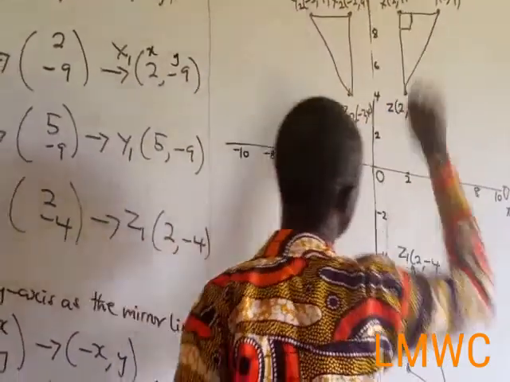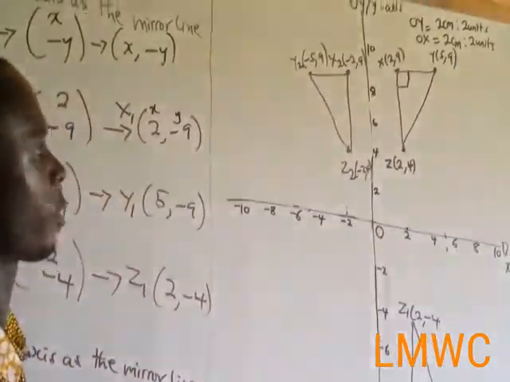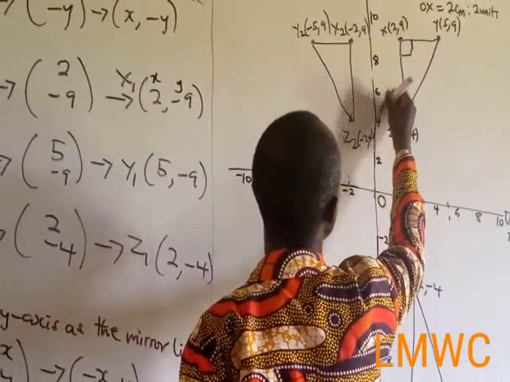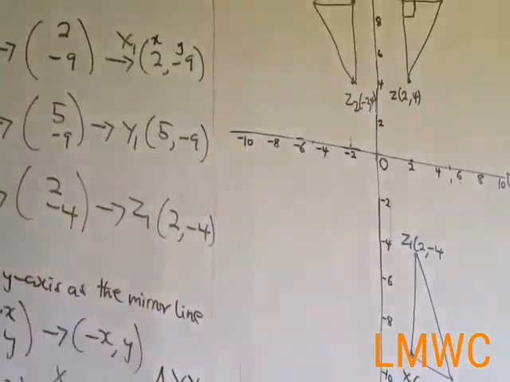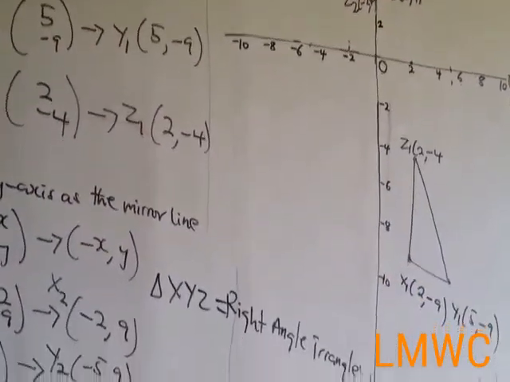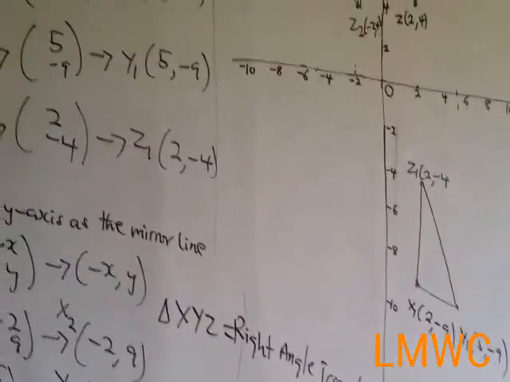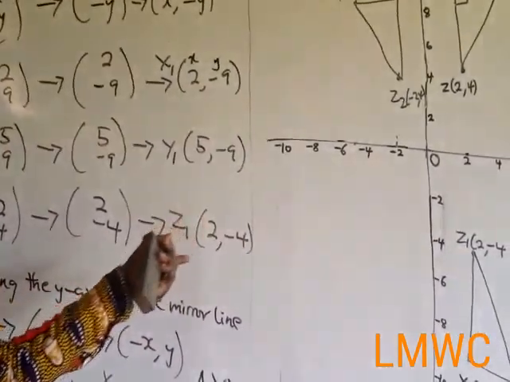So all these you'll be using your ruler, but I want you to get the concept. That's why I am using the marker board to do my graph. So take note. I want you to appreciate transformation very well. So that's the end of this question.